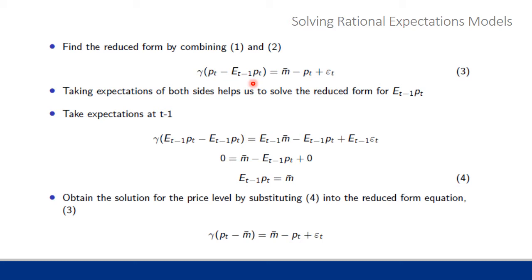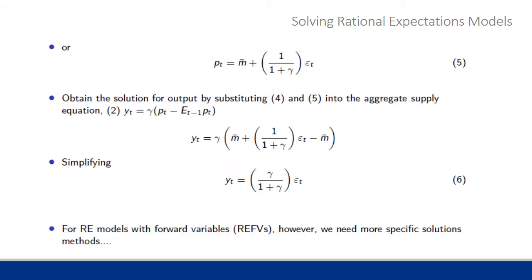Even if you have a different model, you follow the same method. So we can rewrite equation 3 as gamma times pt minus the expectation of pt, which is now m bar, equal to m bar minus pt plus epsilon t. We can rearrange the last equation we gave in the previous slide to give us the solution for price.